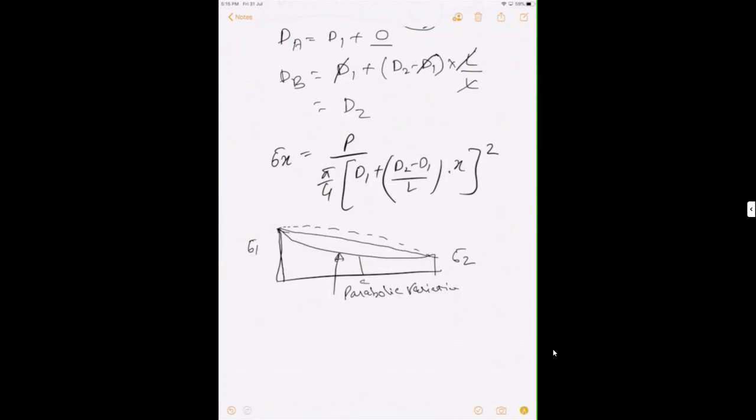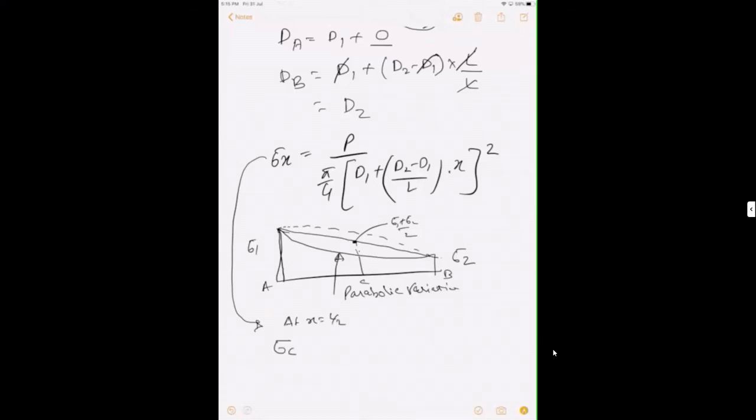Suppose this is the center, this is A, this is B, this is C, so this is my average value. So this value will be equal to (sigma 1 plus sigma 2) by 2. You just calculate your sigma 1 and sigma 2 values and calculate sigma c at the center point. Now use this equation at x equals L by 2.